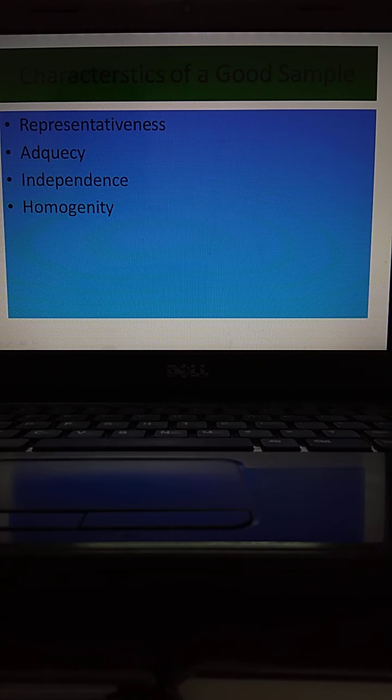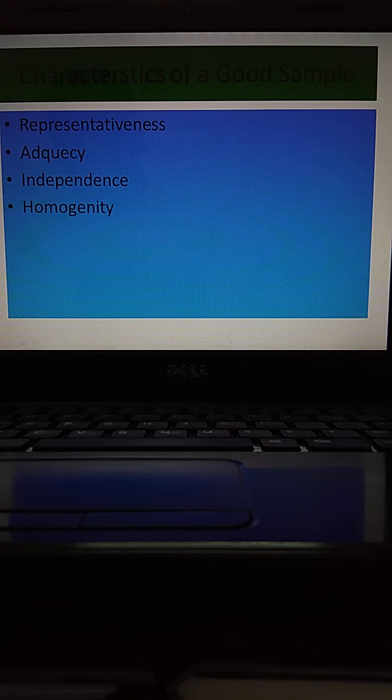Independence. This is one more very, very important characteristic. The samples you select from the population should not be dependent on each other. Because if dependency arises, again it leads to a mismatch in the conclusions. Hence, the selected sample should be independent. And also homogeneous in nature, homogeneity.